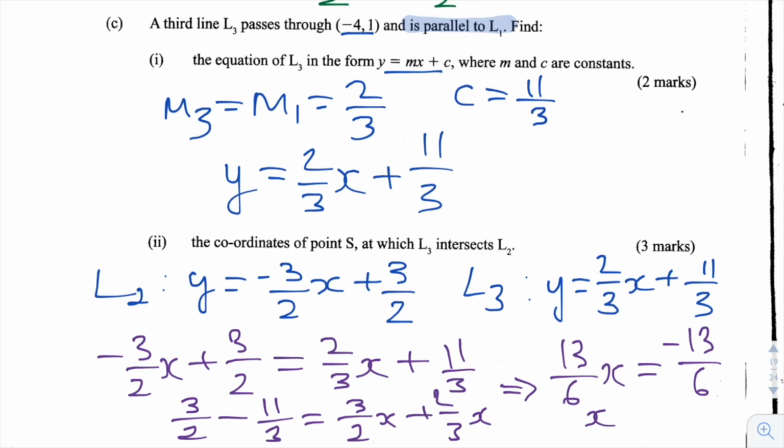That means that it's at the point where x is equal to -1 that L2 and L3 intersect. So now we know the x-coordinate of point S.